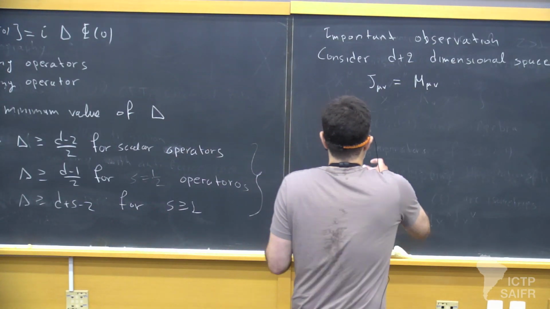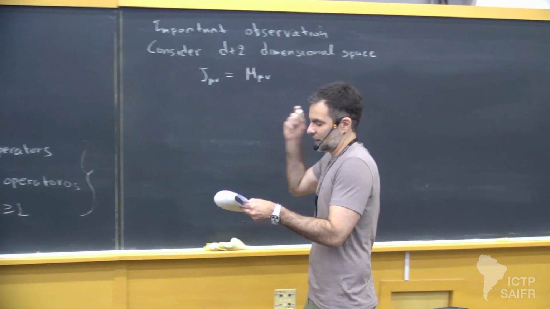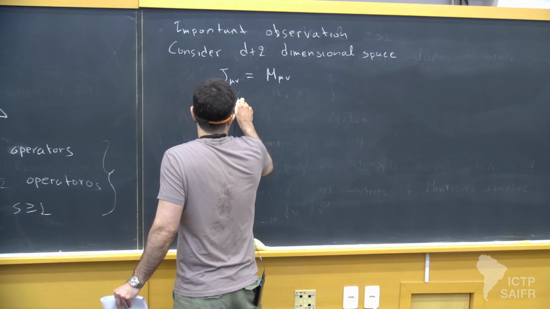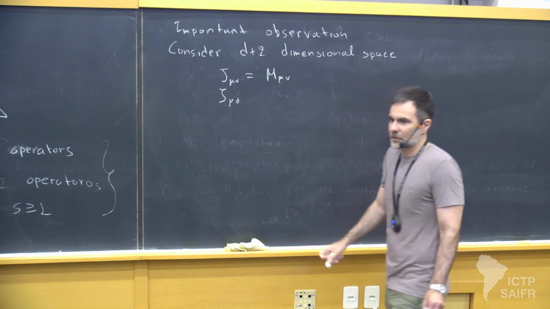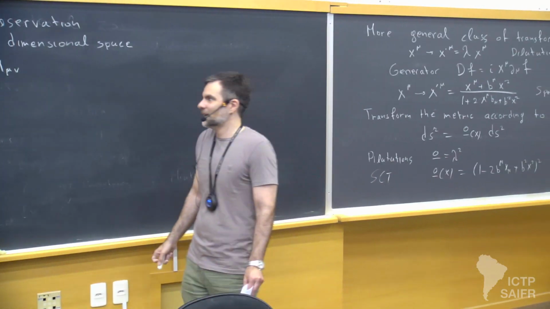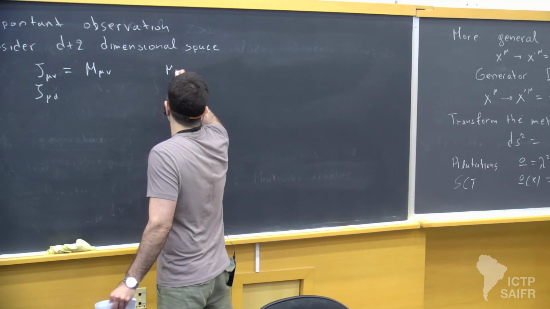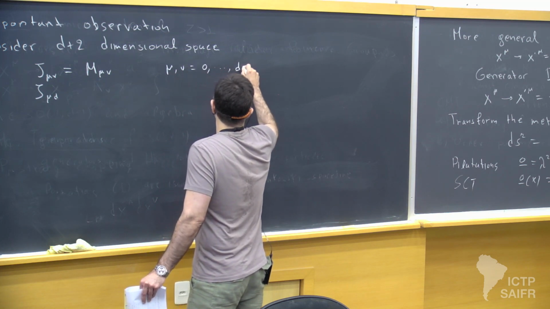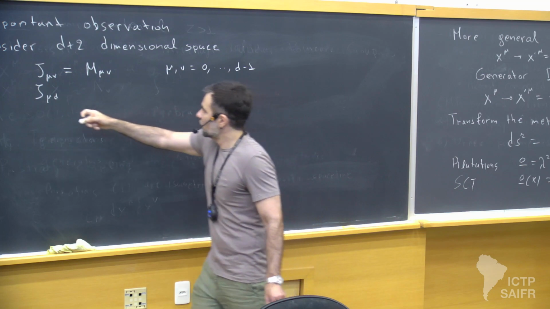And I still need to specify the components where one of the indices is equal to D.